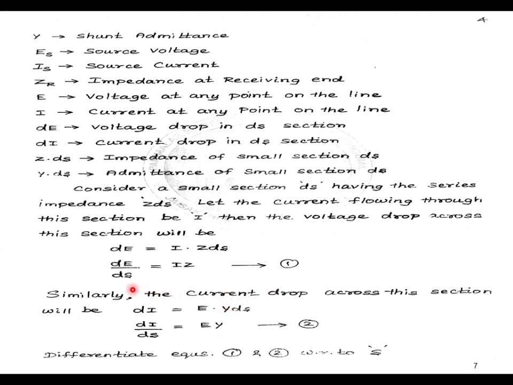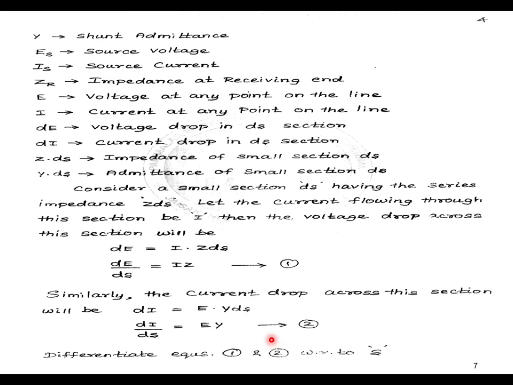Similarly, we can write the current drop across the section, DI equal to E into Y into DS. So DI by DS equals E into Y. That is equation number 2. Differentiating equations 1 and 2 with respect to S.